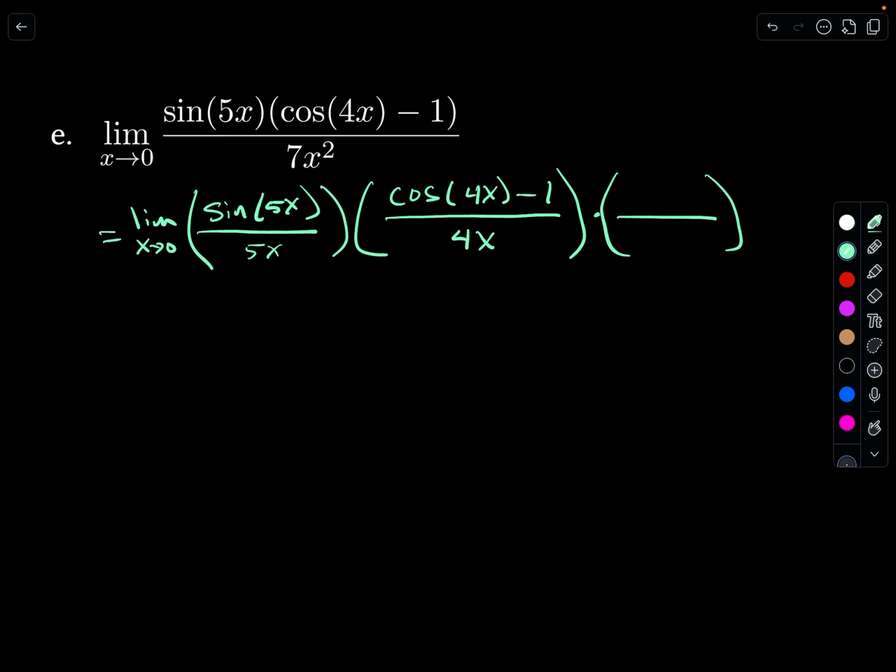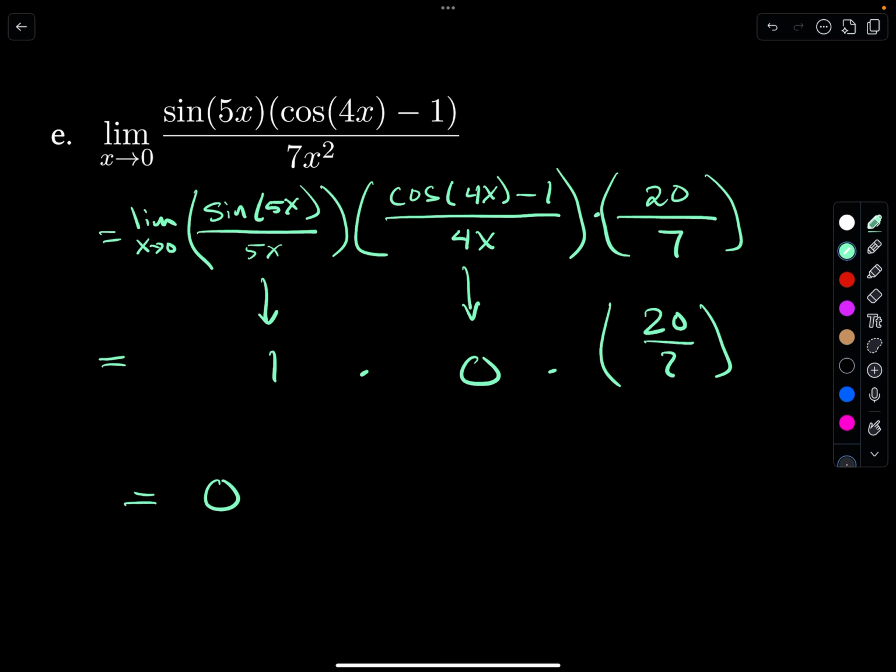So that's not a problem. What we need to have, though, is 5 times 4, 20 up here to balance the 5 times 4 that I've introduced on the bottom there, and then the 7 needs to stick around somewhere. So now this is the same. I haven't made any algebra mistakes. Now all I have to do is finish this one up. This is going to be 1, this is going to be 0, and then we don't care because we're multiplying by 0, but this will be 20/7. But the final answer here is 0.